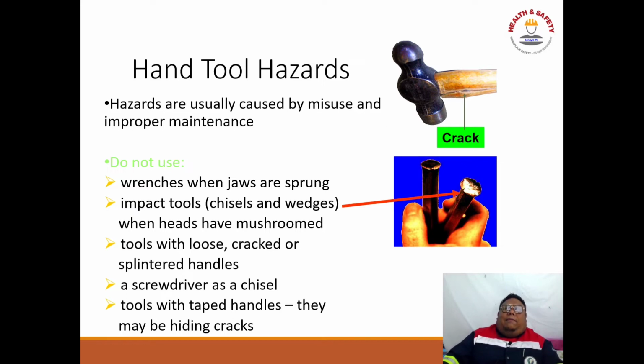If you see this, guys, before you withdraw or use it, check it. If there is a damaged part, return it to the warehouse and replace it with a new one. Because if you are working at height and you use this ball peen hammer, the head can fall off the handle, and it will cause a falling hazard and can harm your working environment.